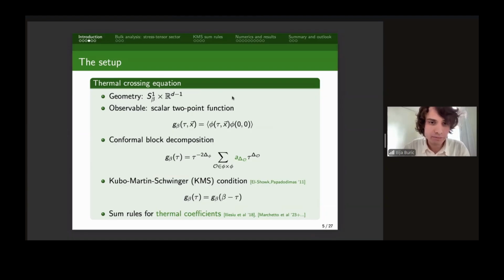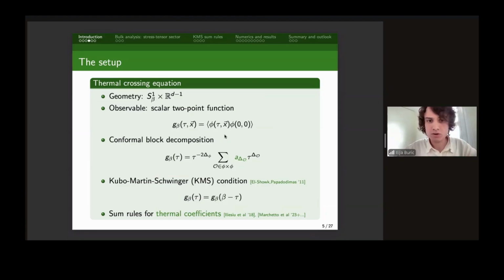So we work in four dimensions, and then we look at two-point function of scalar operators. We will simplify further by putting the operators at the same spatial point x, and then they will only differ in their time coordinates.